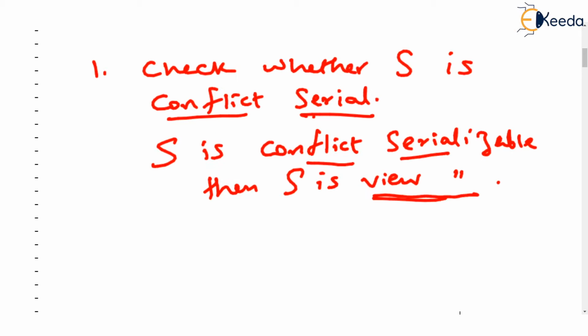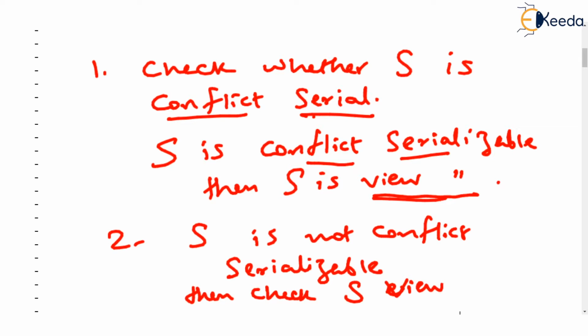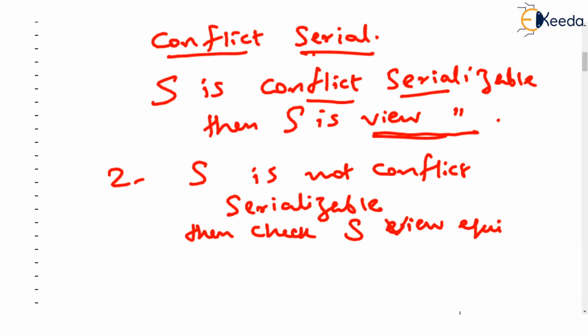But what if S is not conflict serializable? If it is not conflict serializable, then you go on to check whether this schedule S is view equivalent to some serial schedule.